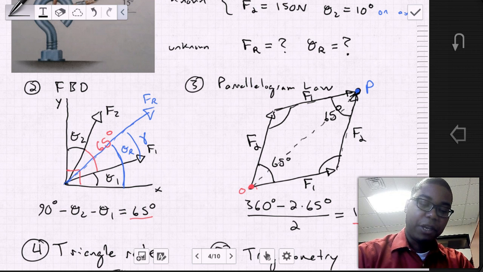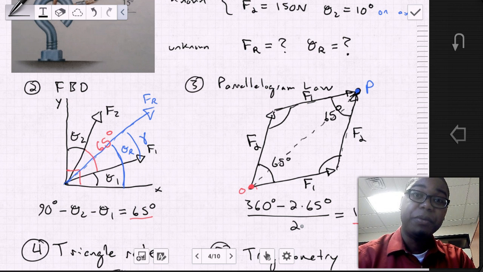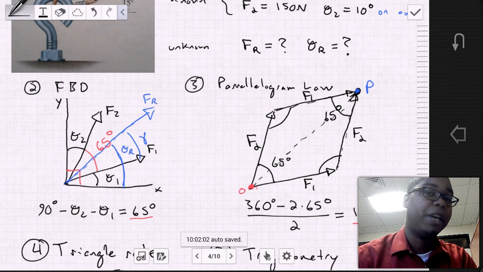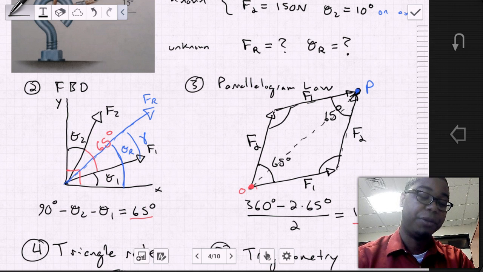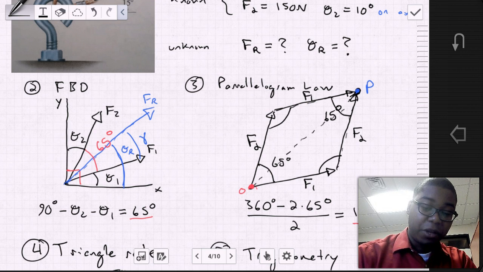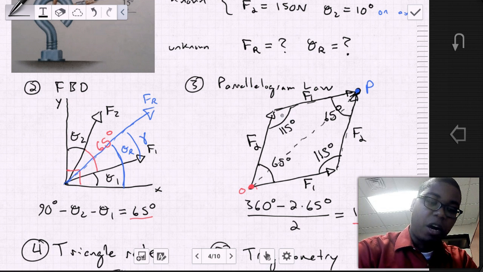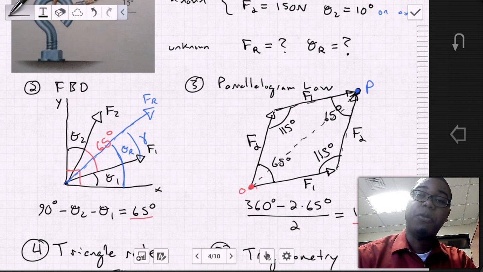We can subtract the 130 degrees that we have, and then divide all of that by 2, because there are two angles that are still remaining. There are two corners that do not have an angle, and they're equal, so we can divide by 2. When we do that, we find that the value of the angle should be 115 degrees. So we can put 115 degrees on both of these opposite corners.